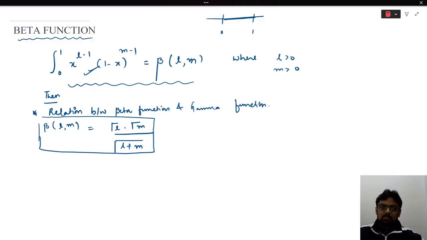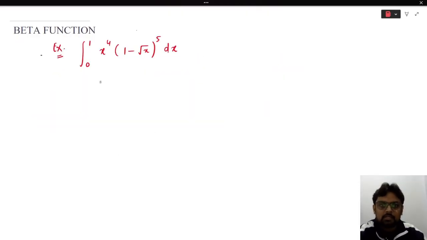Now let's do some examples on this type of functions, which can be reduced into the gamma function when solving these types of integrations. So students, we have this question: integration 0 to 1 x to the power 4 into (1 minus root x) whole to the power 5 dx.